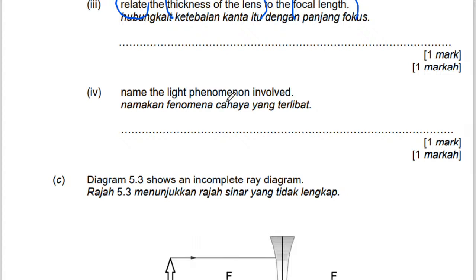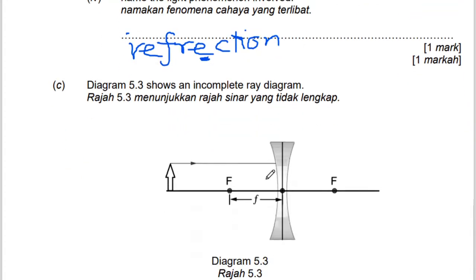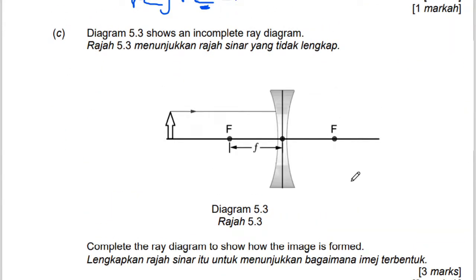You don't write reflection, because the spelling is almost the same. So if you use E here, salah lah. Pembiasan cahaya, betul. Okay, good.